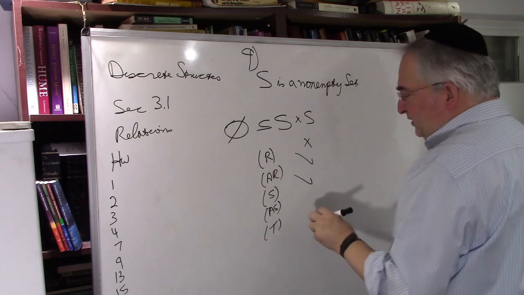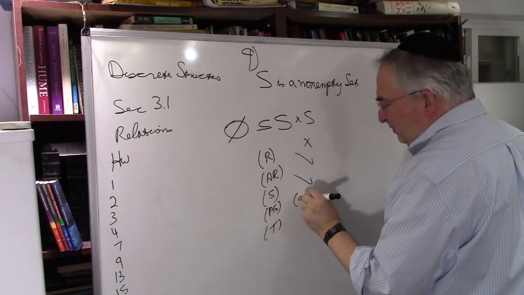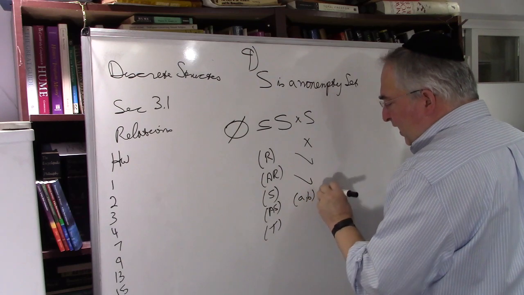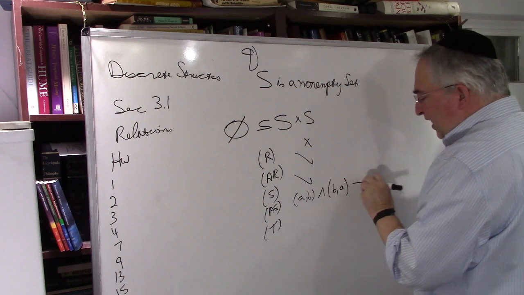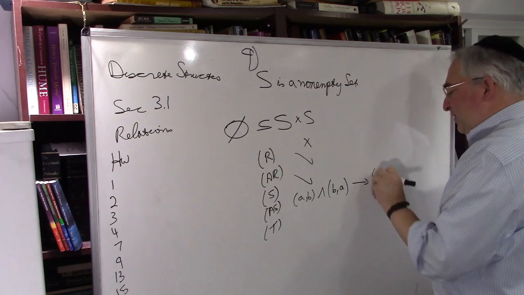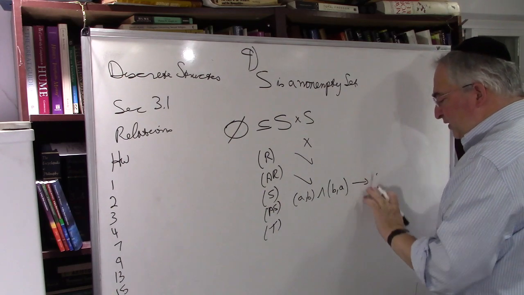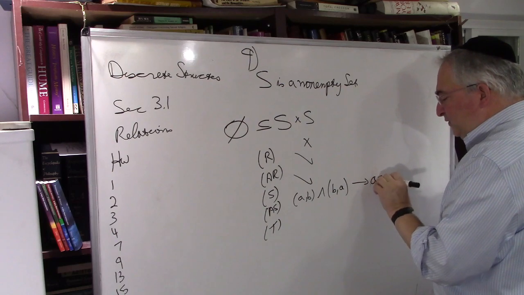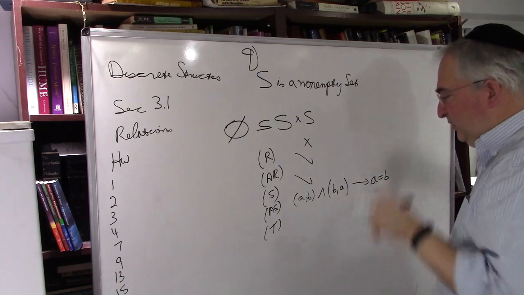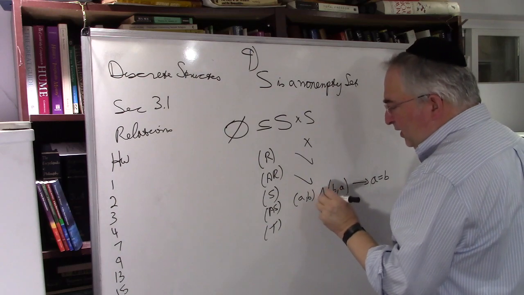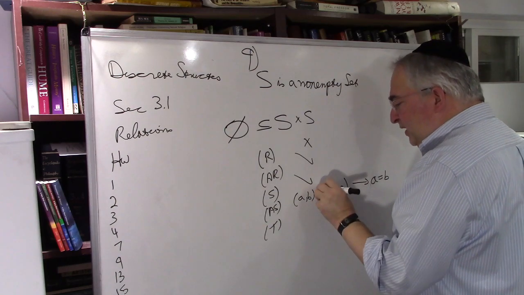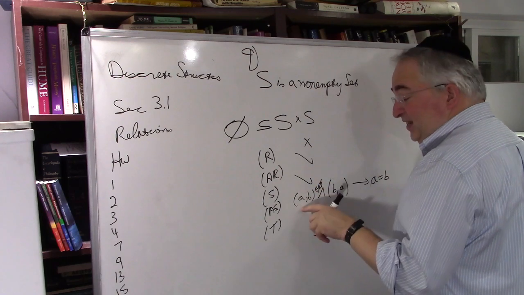Anti-symmetric. This is complicated, so let's do it. If a comma b is in there, and b comma a is in there, does that imply a equals b? That's what anti-symmetric means. Now let's go through this. If a comma b is a member of the empty set, it's not.